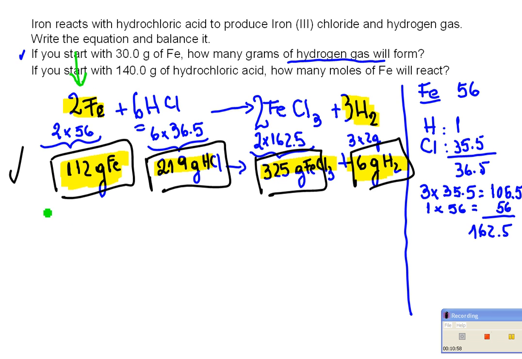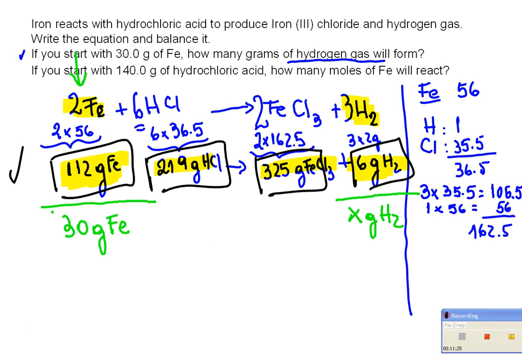So I'm going to put below that 30 grams of iron. Yes? Grams of iron, grams of iron. Is that okay? Now, it says, if you start with 30 grams of iron, how many grams of hydrogen am I going to obtain? So I'm making below the hydrogen, I put another line.